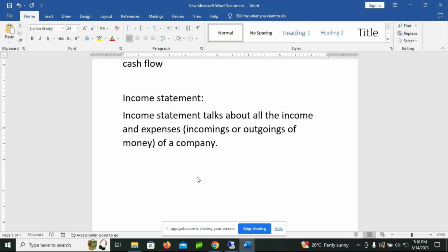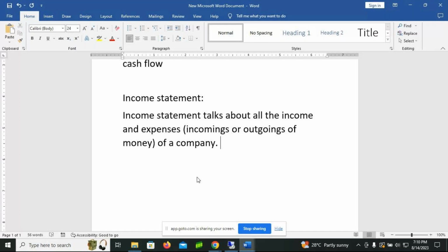So it also talks about the company's returns on investment. So if they have made any investments or anything, what is the IRR they are going to get, and the risk, the financial flexibilities and operating capabilities of a company.